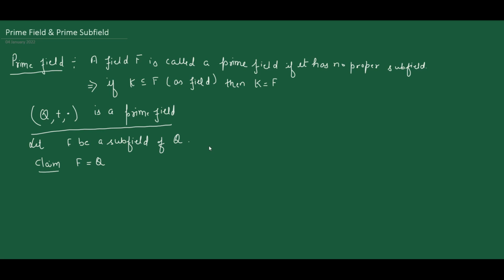So ultimately what are you given? You are given that F is contained in Q. But if we want to show that Q is a prime field, then Q must be contained in F. So what is our target?